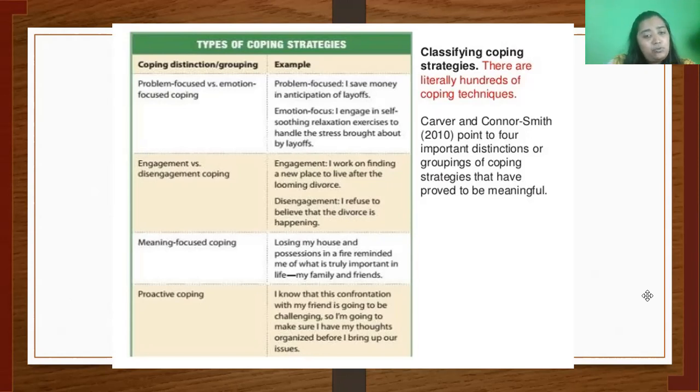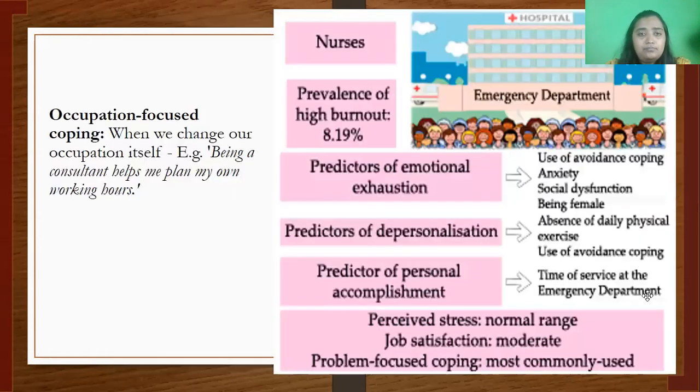Then proactive coping: I know that this confrontation with my friend is going to be challenging, so I'm going to make sure I have my thoughts organized before I bring up our issues. So it's like proactively taking measures to cope with the stresses that are ahead of you.